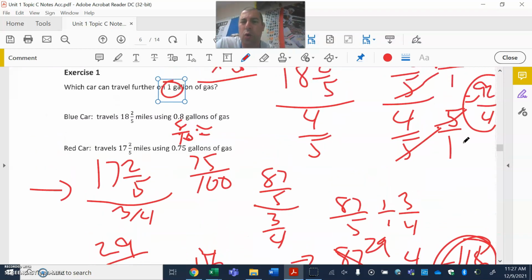I want to know who can go further, so yes, I do want the bigger number. So it would be the red car here. A worthwhile one. I know it's a lot of the same stuff, but it's good. Remember, when comparing fractions, use a common denominator. All right, we'll see you later.